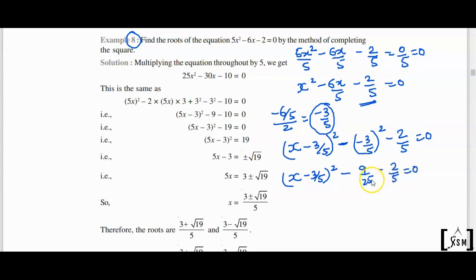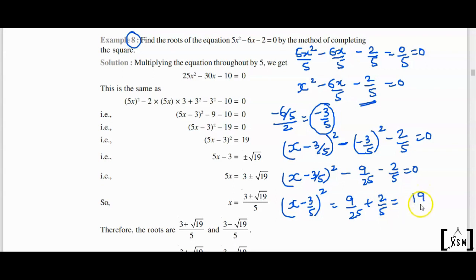We'll bring the terms to the other side. We'll get 9/25 plus 2/5, and this is (x − 3/5) whole square. Simplifying that, we multiply up and down by 5 to make the same denominator.